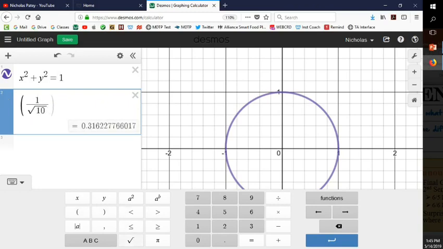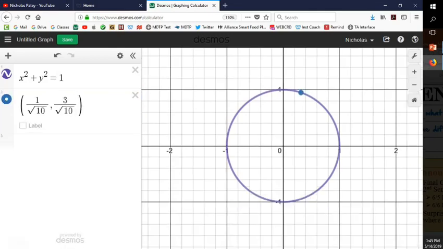And what was the other one? 3 divided by rad 10. So check that out. There it is. It's on the unit circle. So its length is 1, but we're just not familiar with the guy.